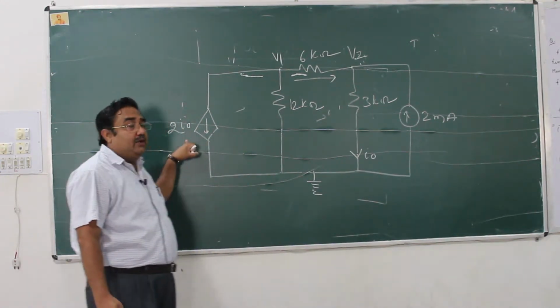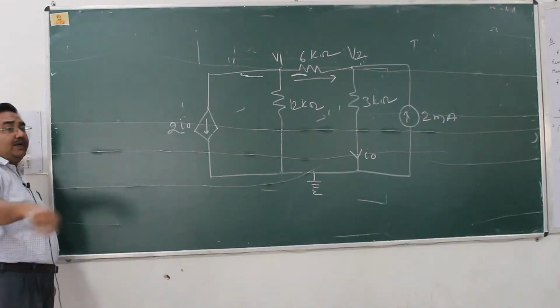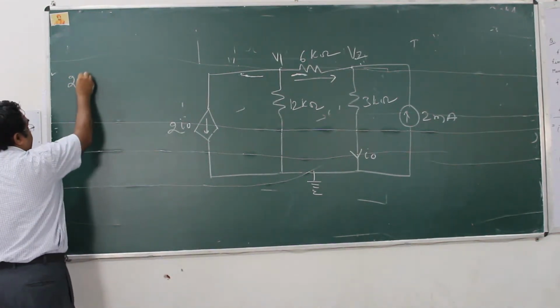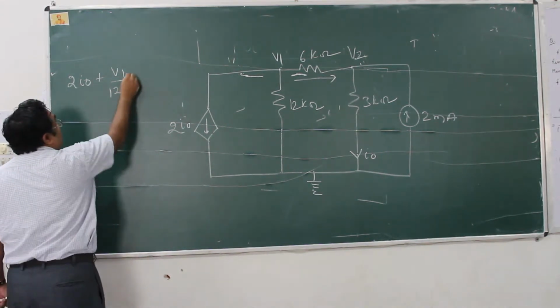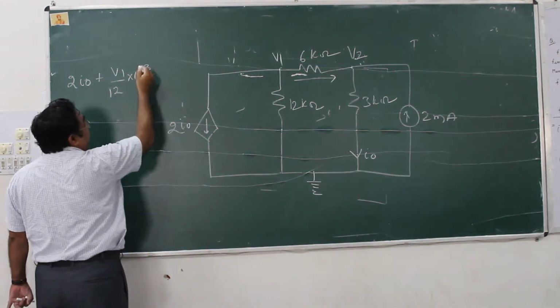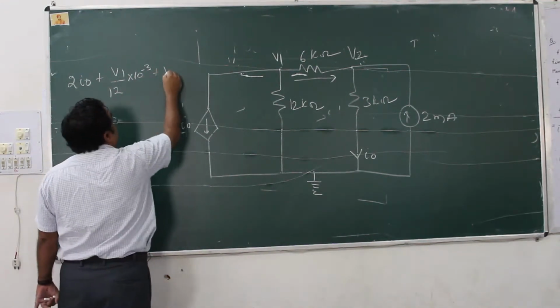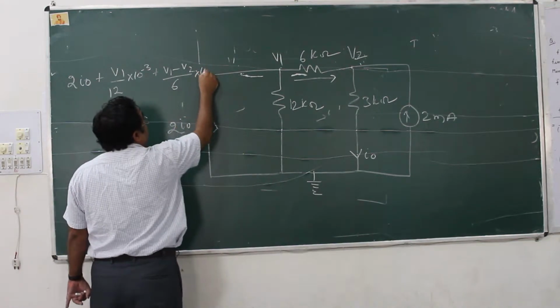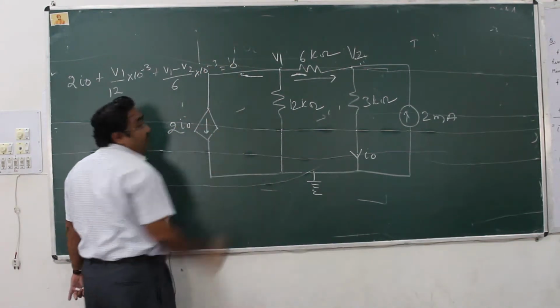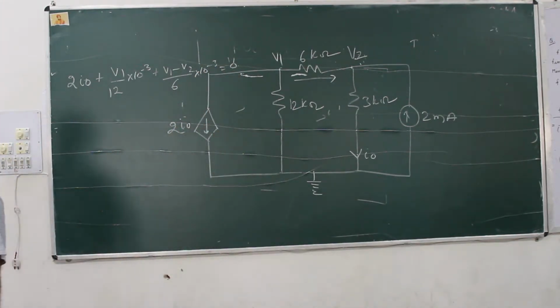I will write down, it is flowing outwardly, therefore it will be twice I0. What else? Plus V1 upon 12 into 10 raised to power minus 3. What else? Plus V1 minus V2 upon 6 into 10 raised to power minus 3 equal to 0. Do you agree? Everyone agrees?